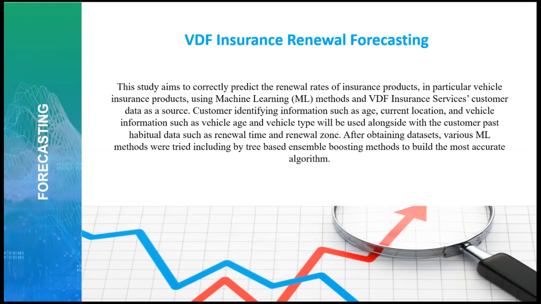Within the scope of the project, separately for individual and corporate customers, data creation, storage, data manipulation, pre-processing, and some data engineering processes were carried out, and at the end of the process, model research, model creation, and putting the models live were carried out.